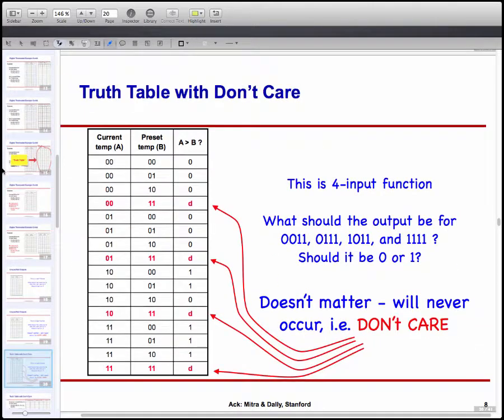So you will see truth tables where some entries may have a D or an X or a dash, which stands for don't care. What don't care means is that depending upon my design, I may either make it a 0 or a 1. I as a designer will retain that flexibility for myself. Okay.